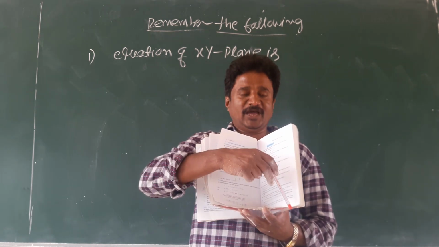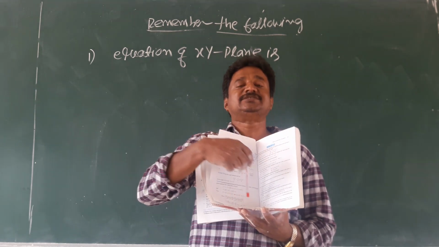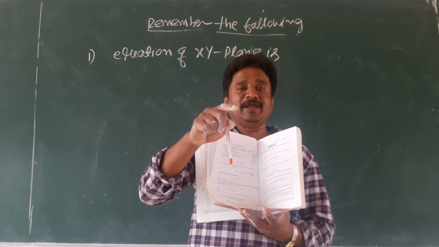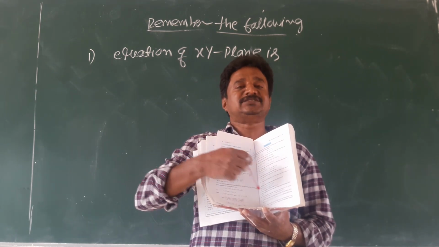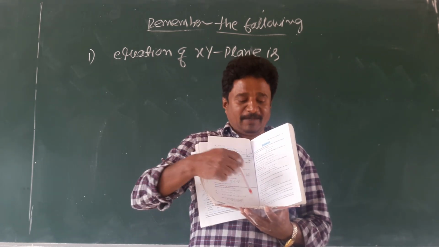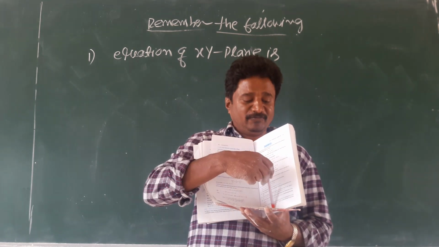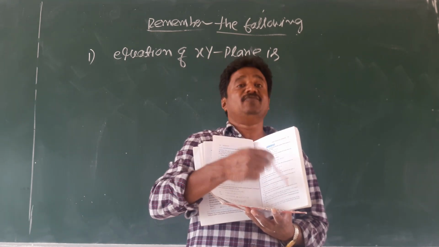The plane which is between x-axis and y-axis is called xy plane. The plane which is between x-axis and z-axis is called xz plane. The plane which is between y-axis and z-axis is called yz plane.